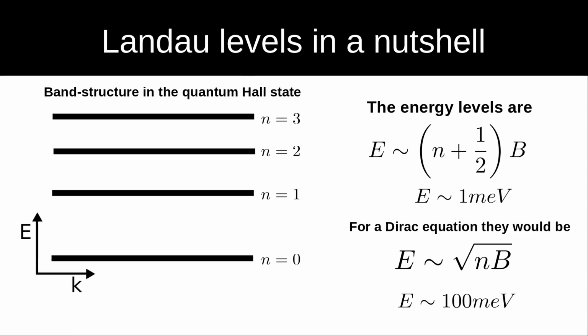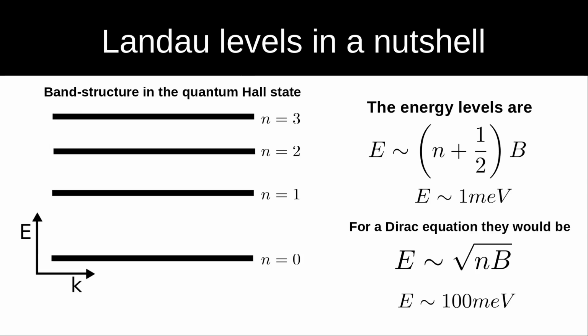If you take all the physical constants that should be in that formula and see what energy scale you get, you will see that you get around 1 milli-electron volt, so your temperature needs to be substantially lower than this energy scale in order to see the quantum Hall effect.